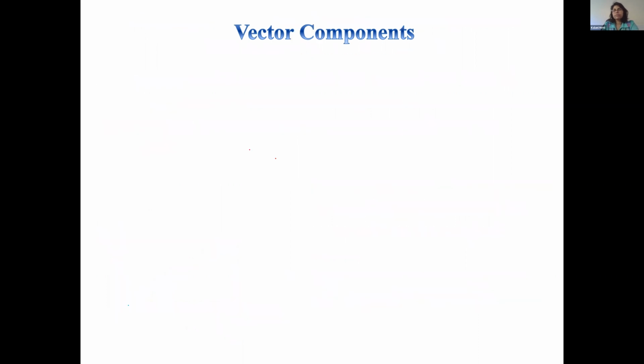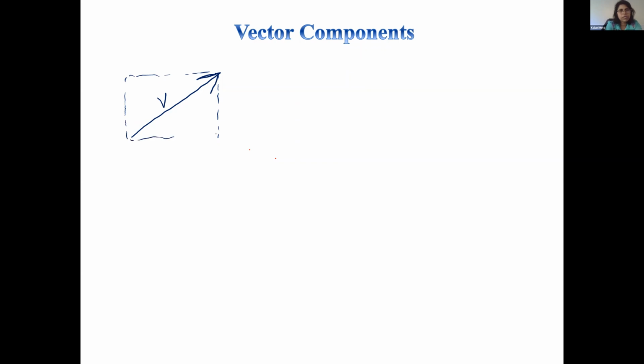So now here we need to understand a little bit about how to write the x and y components using trigonometry. A simple example: this is my V vector. I mentioned that we can write the x and y components of these two vectors.